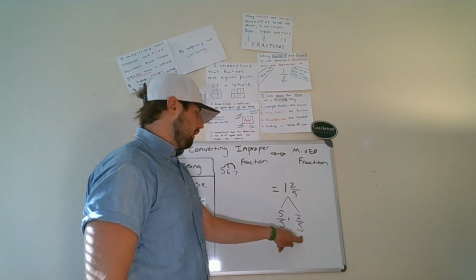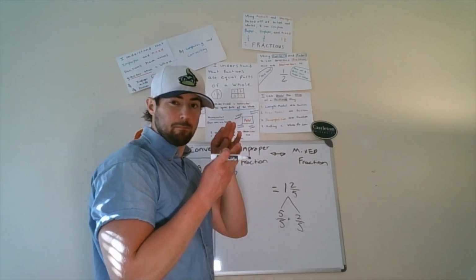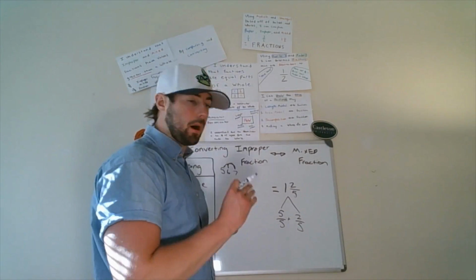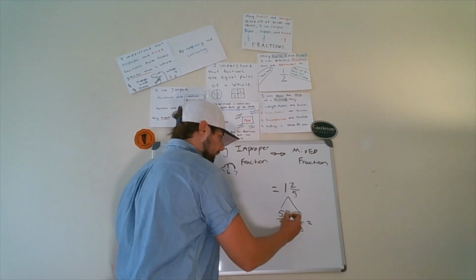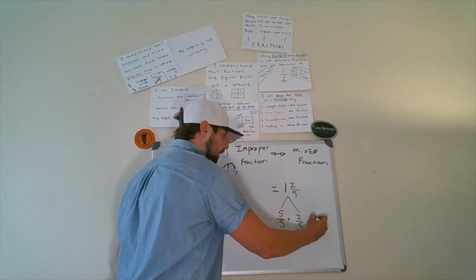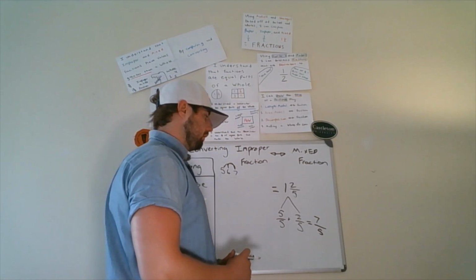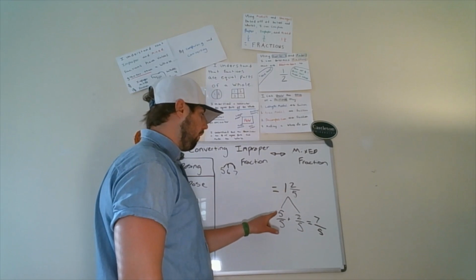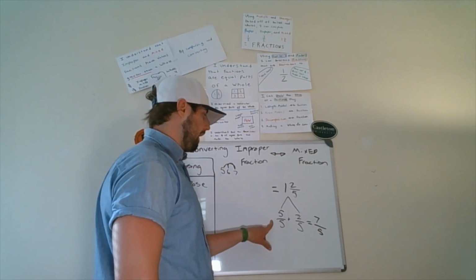Again, parts that make the whole don't change. They need to be the same parts, equivalent parts. I know 5 and 2 parts greater will make 7/5. I decomposed my whole into parts, or an improper fraction.